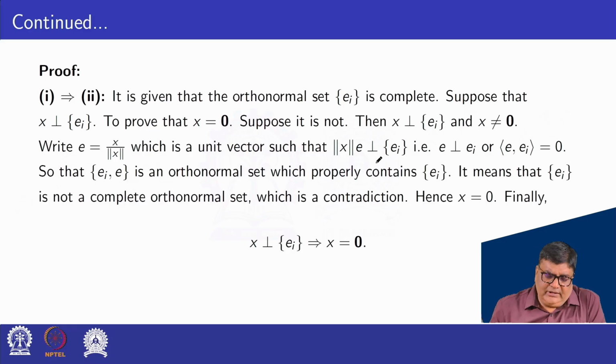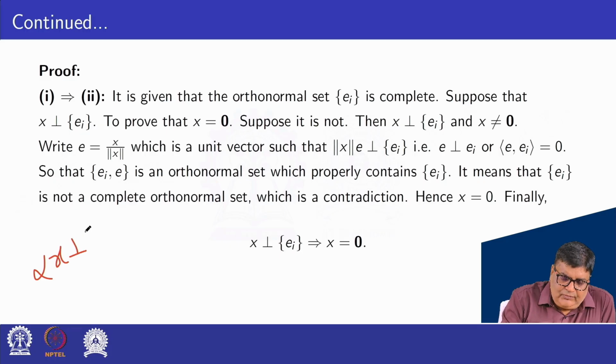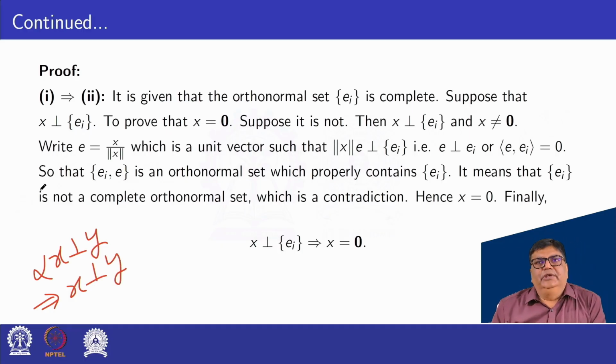We know that if alpha x perpendicular to y, this implies that x perpendicular to y. So here norm x is a scalar. So e is perpendicular to the set Ei.